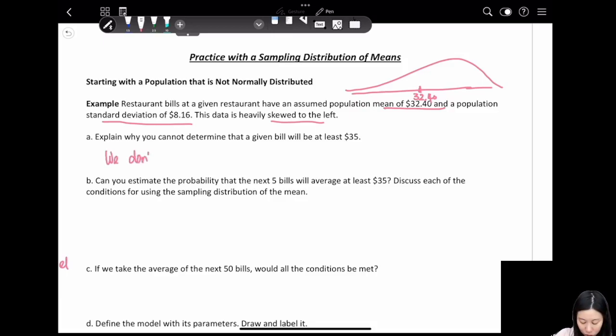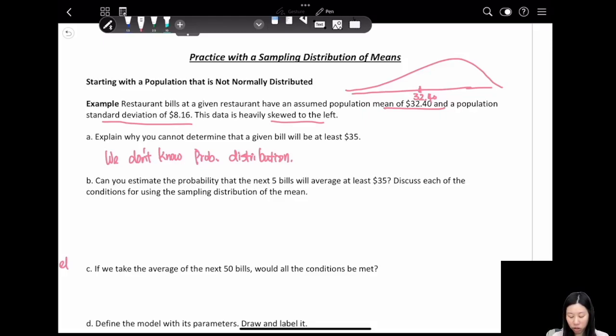Because we don't know the probability distribution, we can't determine that the given bill will be at least $13.5.